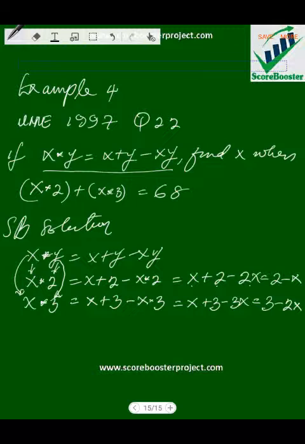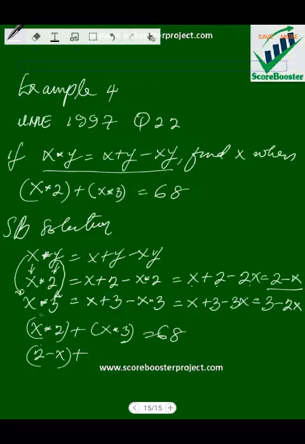I hope that is clear and we are following. So now the next thing: I was told that x star 2 plus x star 3 is equals to 68. X star 2 is this, so I'm going to put 2 minus x, plus x star 3 is this, so I'm going to have 3 minus 2x, all is equals to 68.